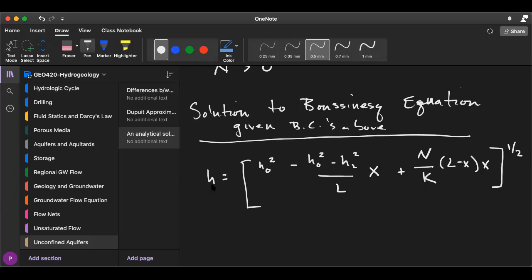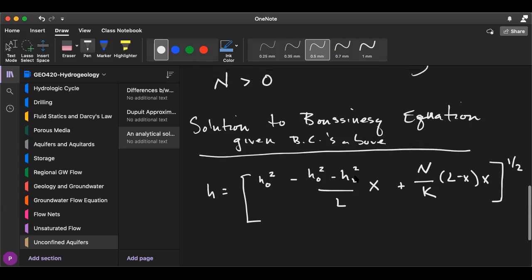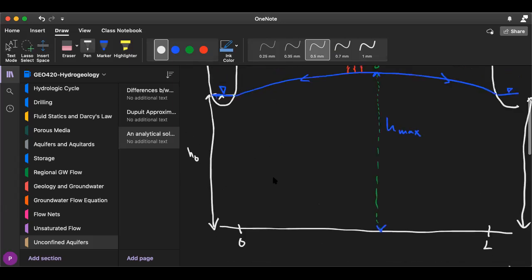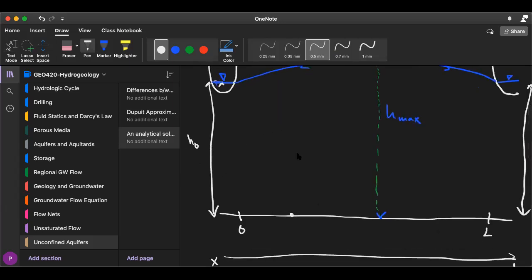This equation allows me for any position X to calculate the head, right? So I can come here at any one of these X's and I get a calculation of the head, or the thickness of the aquifer, the water table height.